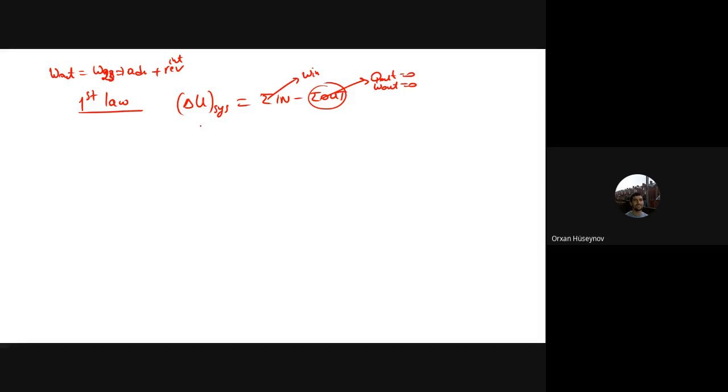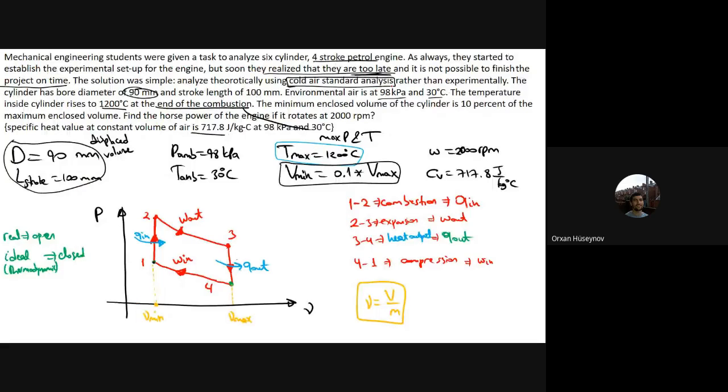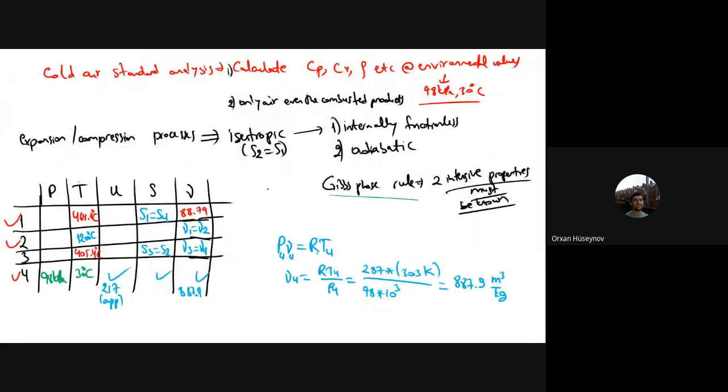And delta U of the system, it says in the question, you can use the cold air standard analysis. If you use the cold air standard analysis, you can calculate the properties at 98 kilopascals and 30 degrees Celsius, and you will take the constant values.